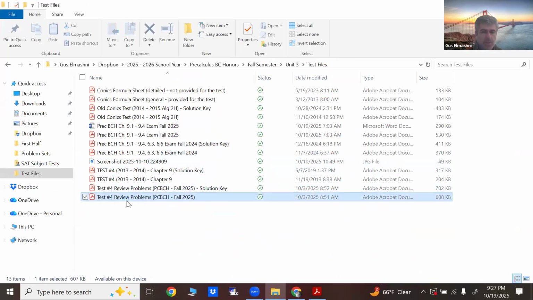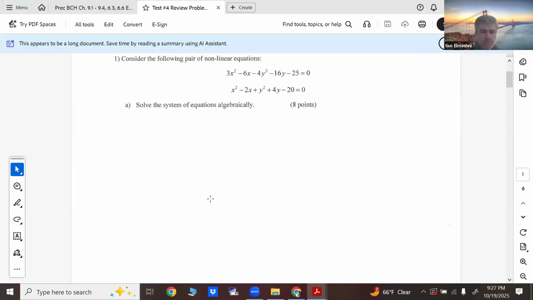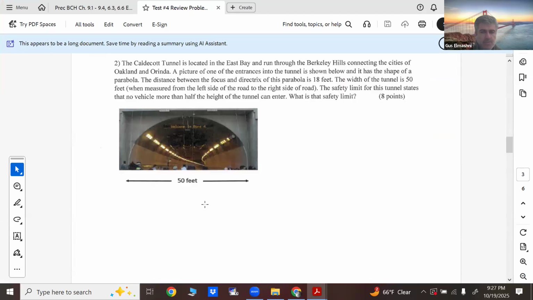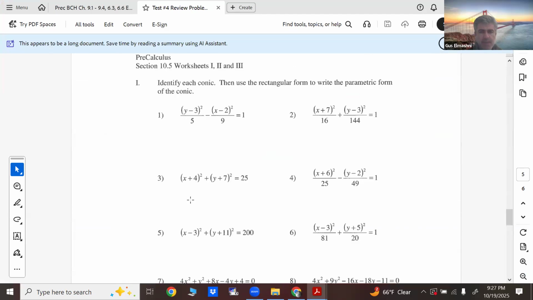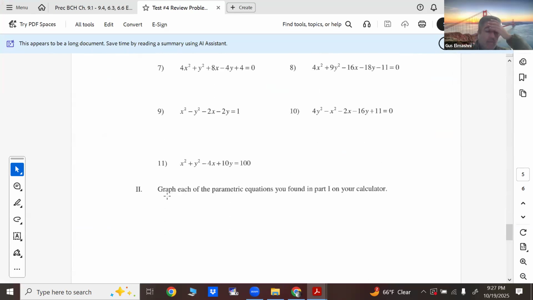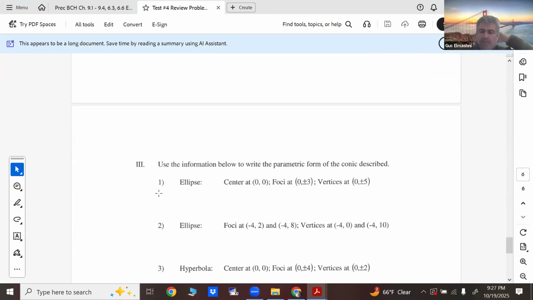Or you can look at your homework, so you can look at the notes. Yeah, stuff like this here. I didn't provide any parametric, but that's a little different. I'm not asking questions like these, but yeah.